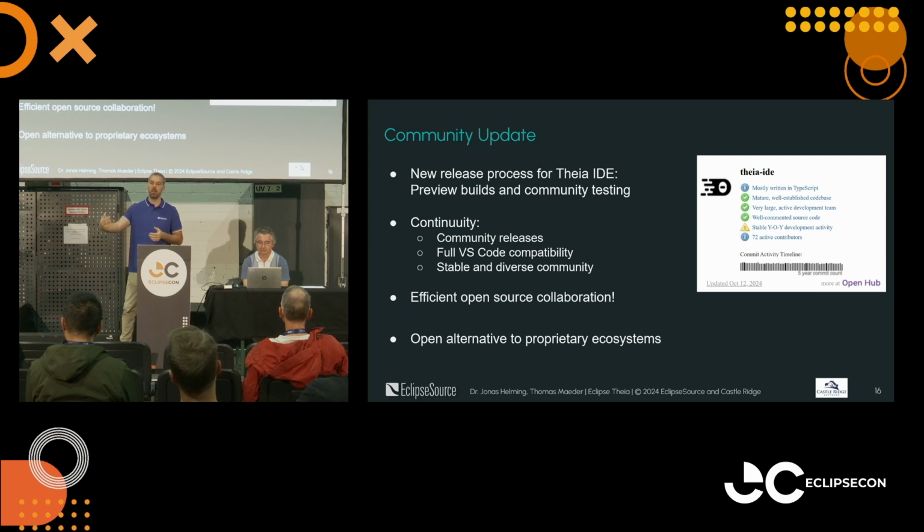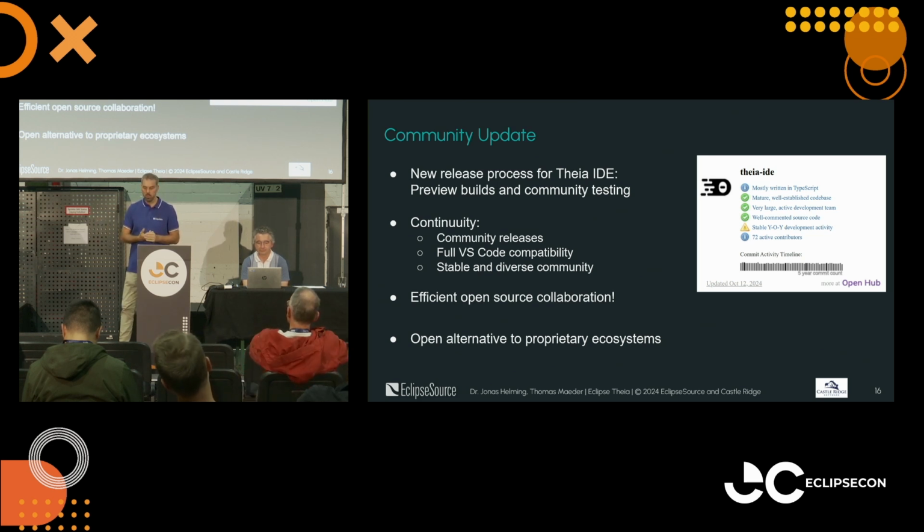However, every 3 months we do what we call a community release, which is more focused on stabilization and especially interesting for other technologies that integrate with Theia, because if they want to stay compatible, they typically choose the community release and test against that. So if you're adopting Theia for your product, the community release is probably a good way to consume Theia. If you're waiting for a feature, of course, you can always switch to the monthly releases.